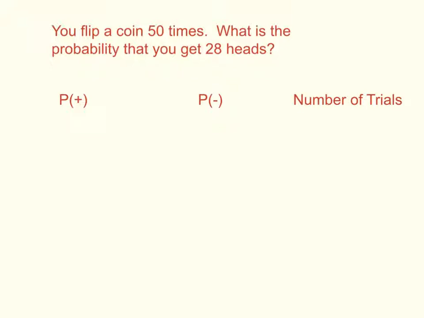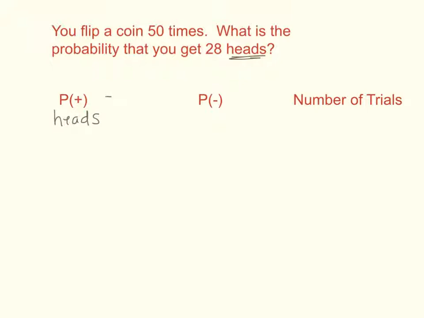Okay, so next question. What if we flip a coin 50 times? What is the probability you get 28 heads? Now clearly you don't want to do this problem by making 50 slots and filling in the probabilities. So let's make the groups. We have the probability of success, which in this problem, since they're asking us about heads, would be heads.